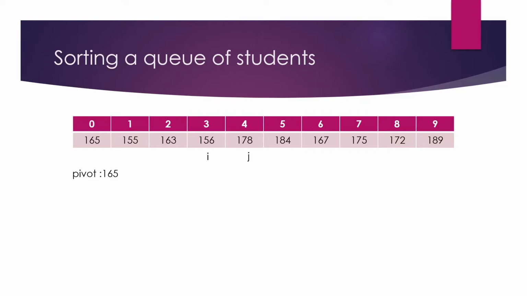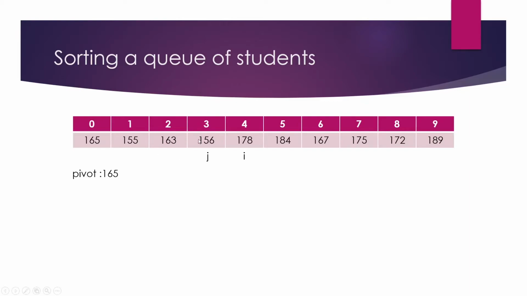But this time, as you can see, J has surpassed I in decrementing. When the index of J is less than the index of I, do not swap between I and J. The current position of J is supposed to be the location of the pivot. So you just need to swap the location of J with the current pivot.